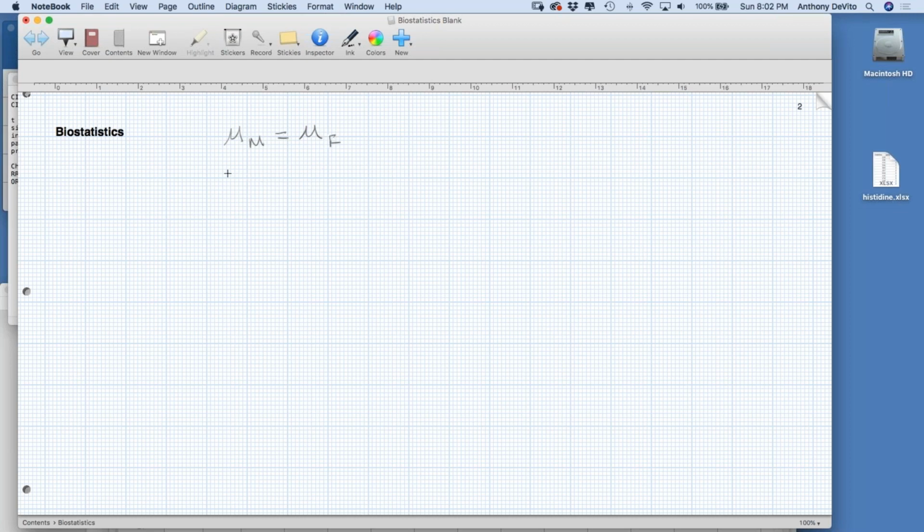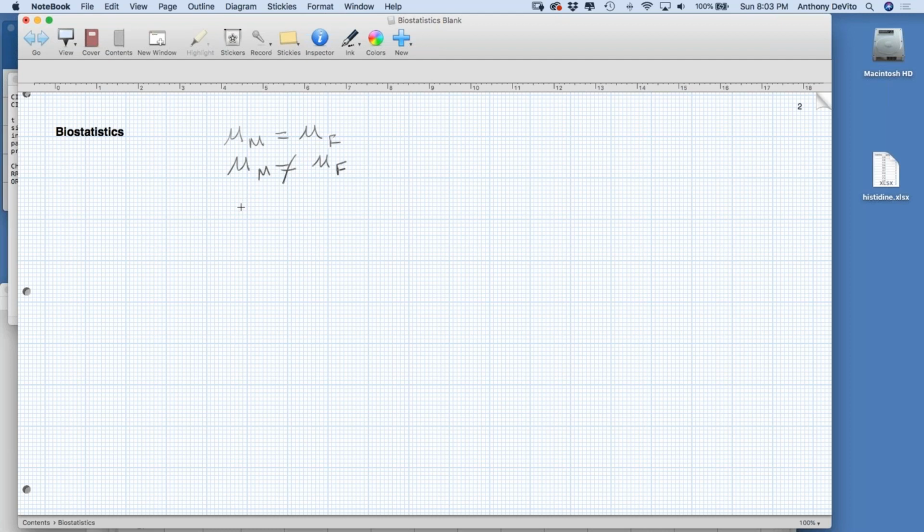My alternative hypothesis is that the two means are not equal to one another. I only know the sample means. I'll never know the population means. So I'm stuck using the sample means to try to make a prediction about them.